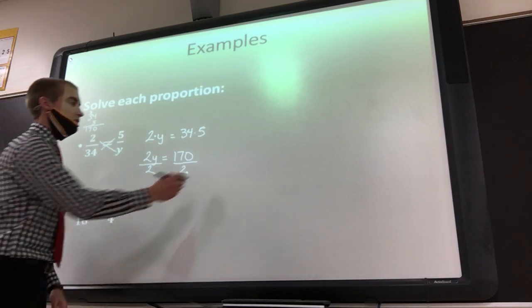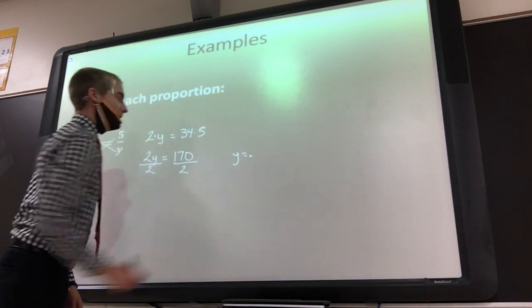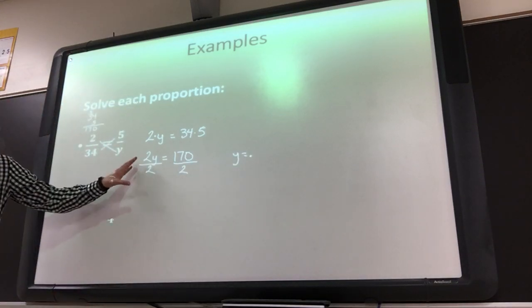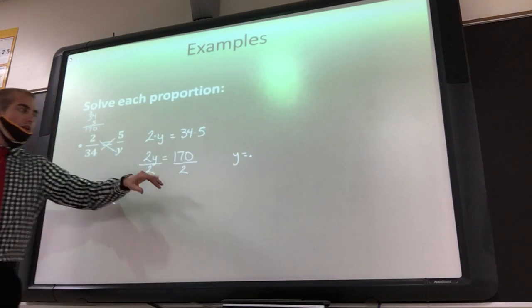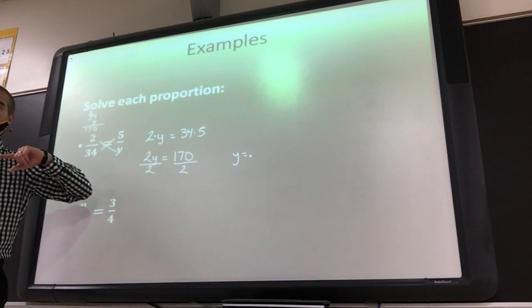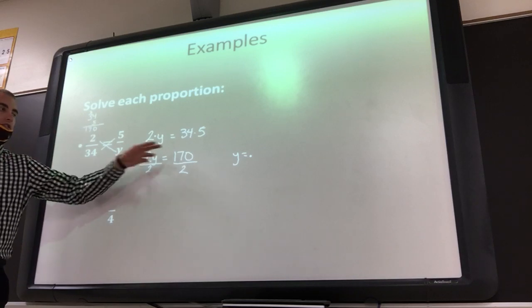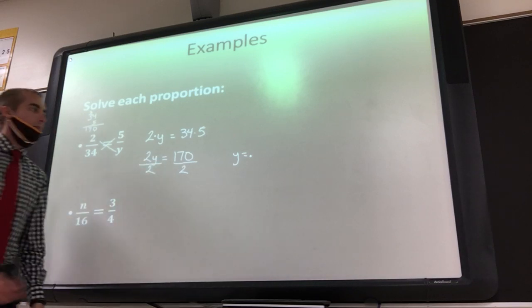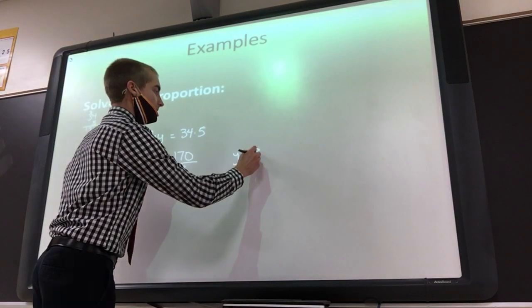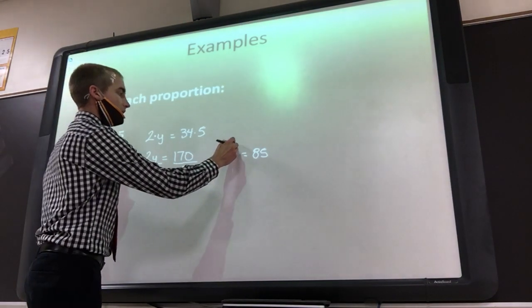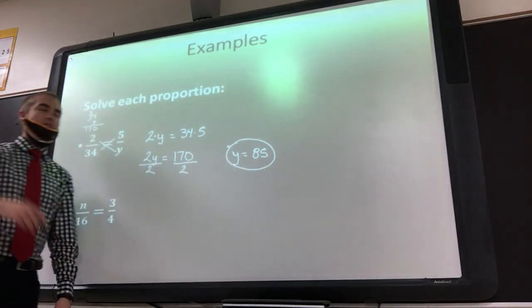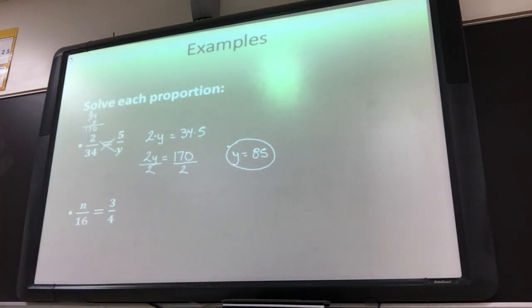In other words, you just have y. So by dividing by the number in front, we get 1 in front of the variable, and so it's just y equals 170 divided by 2. So that's the last thing we got to do, 170 divided by 2, which gets us 85. So y equals 85, and that's good enough.